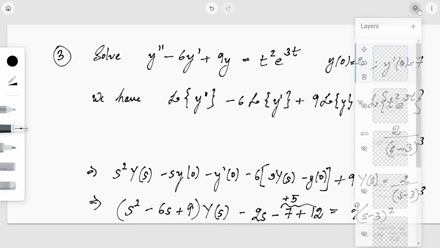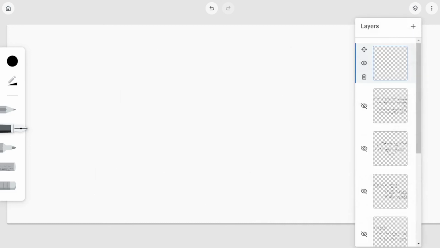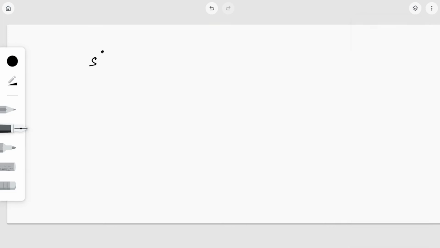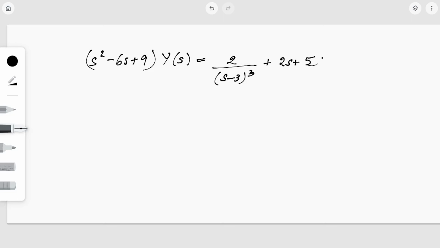So when I simplify it and keep Y of s only on one side, I get s square minus 6s plus 9 into Y of s is equal to 2 by s minus 3 whole cube plus 2s plus 5.